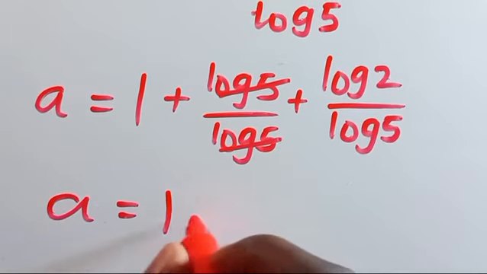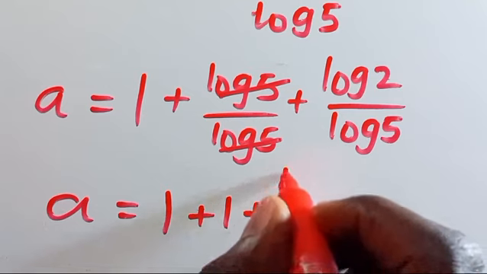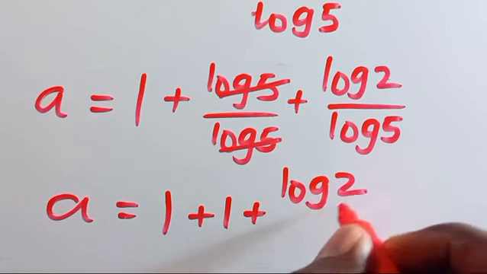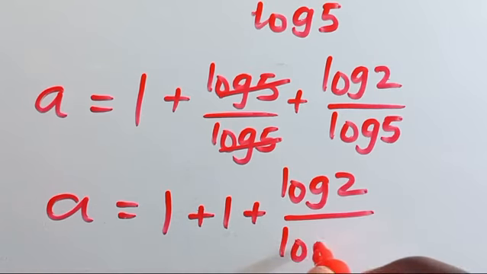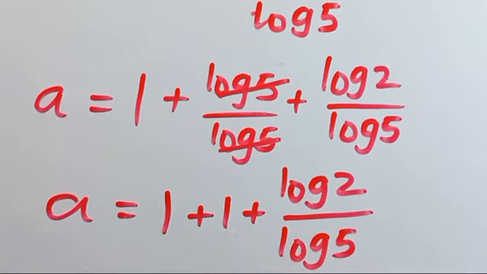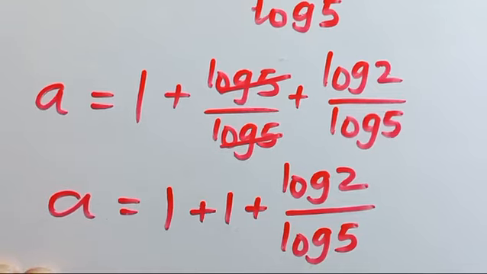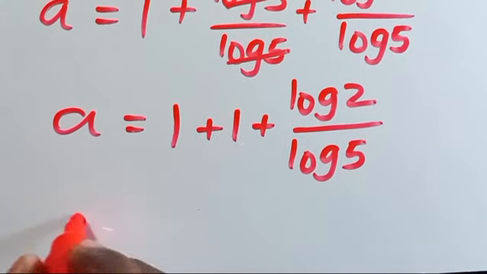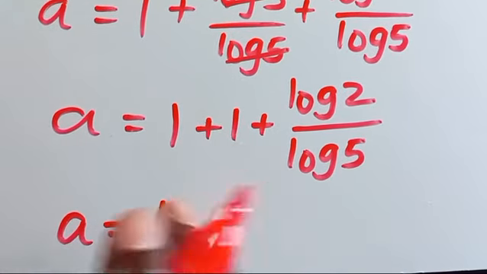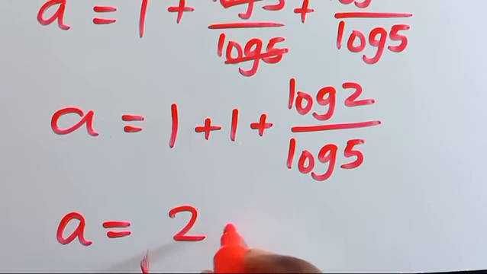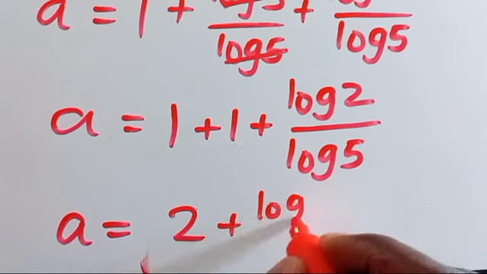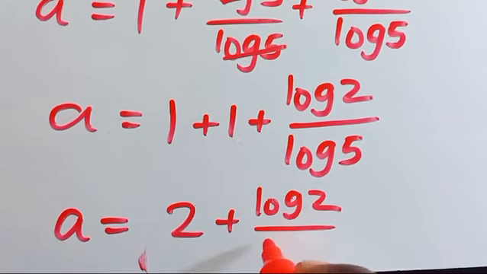So from here we have 1 plus 1 plus log 2 divided by log 5. Then from here we have a equals 1 plus 1 will give us 2 plus log 2 over log 5.